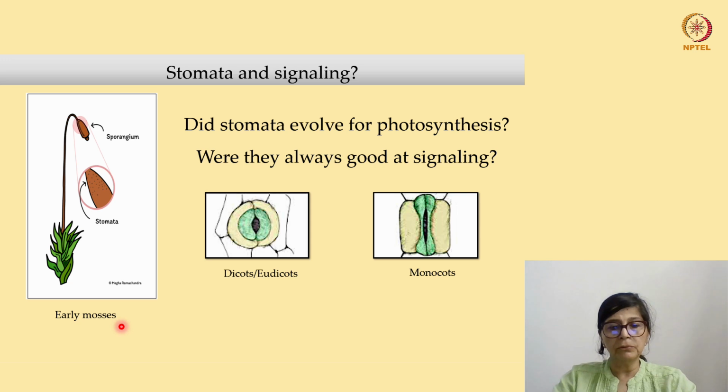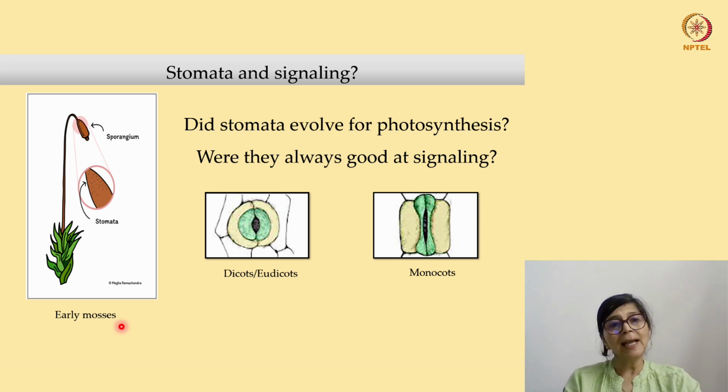Before that, they were all grouped into protista. Algae, from which these mosses evolved, fall in the group protista. So early mosses had something like these on their sporangium, where the spores were found. So stomata on those sporangium had a sole purpose. Can you guess what that purpose could be? Was it gas exchange?